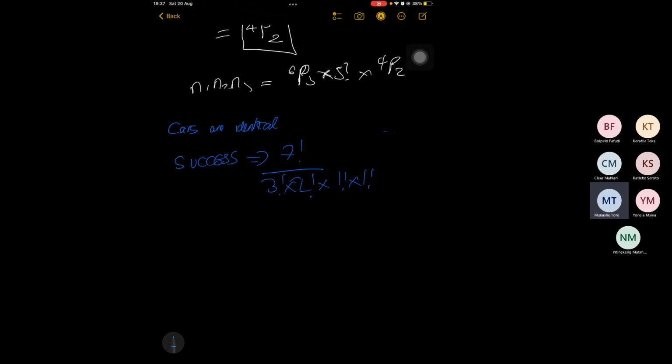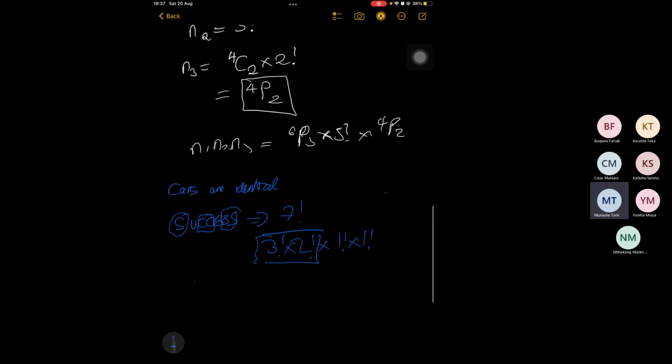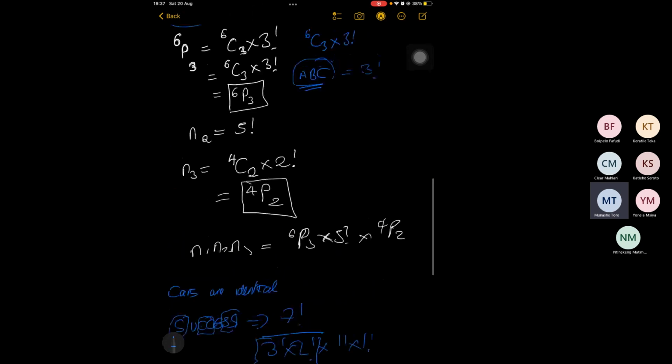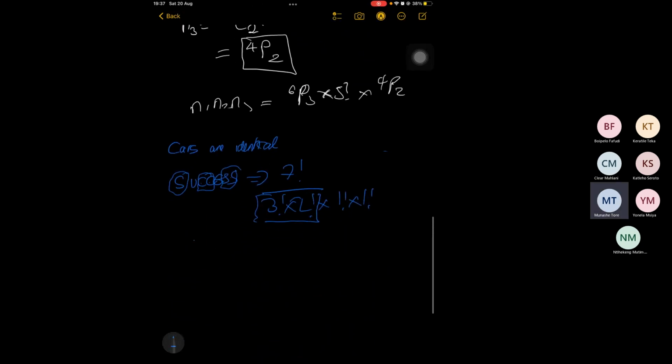So why did we divide by 3 factorial and 2 factorial? It's because we wanted to account for the letter S, which is being repeated 3 times, and C, which is also being repeated 2 times. That's the reason why we accounted for this.